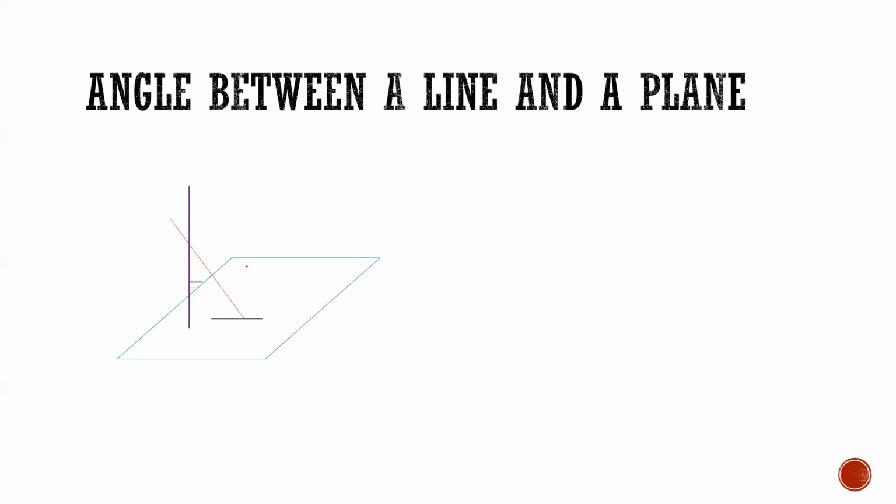Now to get the angle between the line and the plane, which is that angle indicated right there, we shall use the dot product of the normal to the plane and the direction of the line. You realize that the dot product of the normal to the plane and the direction of the line, divided by the magnitude of the normal and the magnitude of the direction of the line, gives the cosine of the angle between the normal and the direction, which is in fact that angle theta indicated.